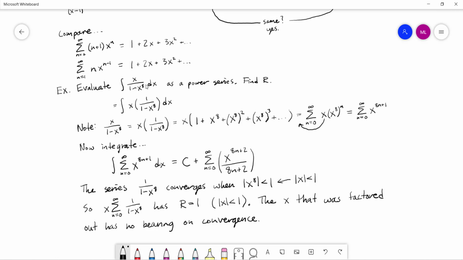But the 3 steps are to find a known function that looks similar, find a way to represent the series of that known function, and then rewrite the given function in terms of that representation, as we've done here, do the actual integration, and then go back and do the same thing, relate the idea of convergence of the known function to the convergence of this new function, keeping in mind that we may be able to pull parts of the function outside of the actual series, factor them out.